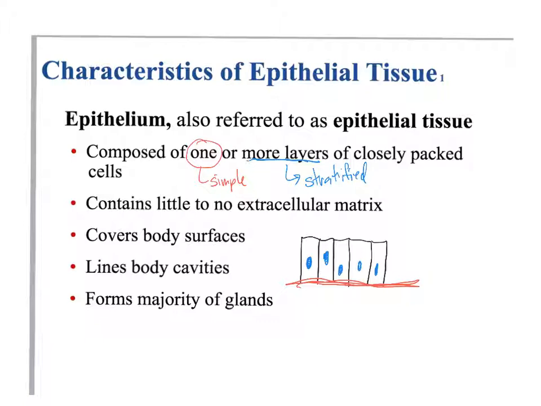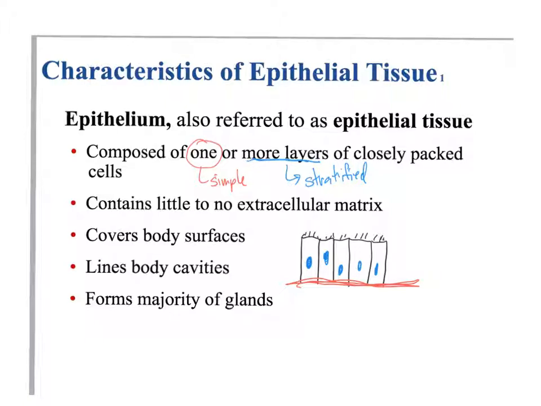In some cases, you may have some little extensions off of the cells. So with a hypothetical epithelium, where am I looking at layers of cells? Well, we're going to get into that as well. Is it multiple layers of cells or one, simple or stratified?